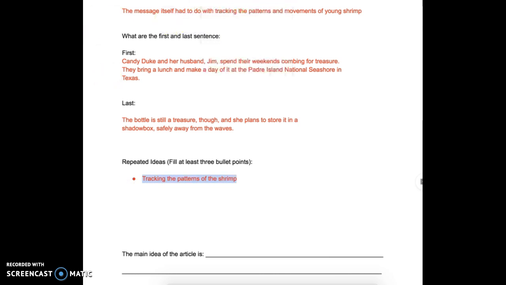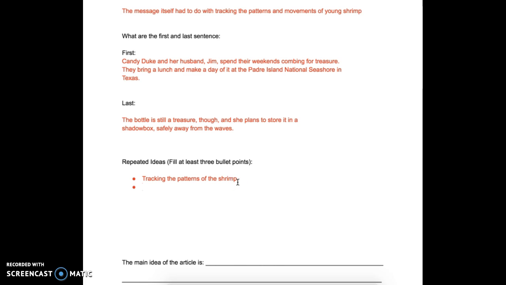Make that red. A second repeated idea is that the Dukes, Jim and Candy, are collectors. And in this case, I thought they had found something valuable, and it turns out that it wasn't that valuable.